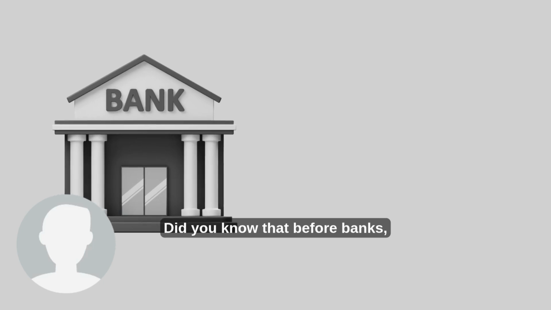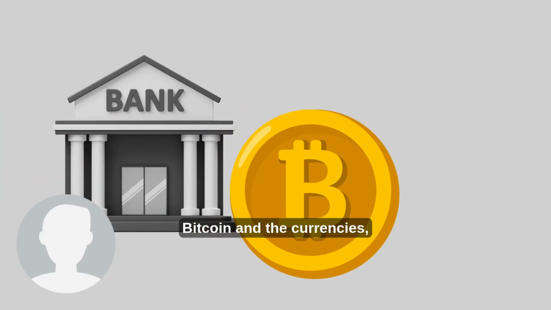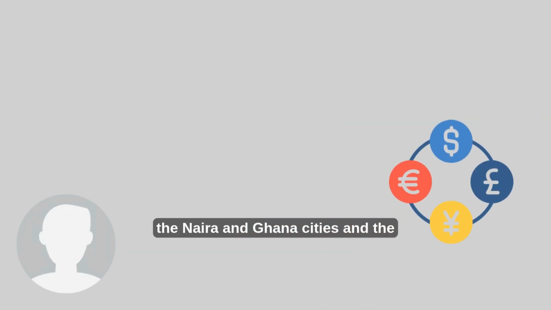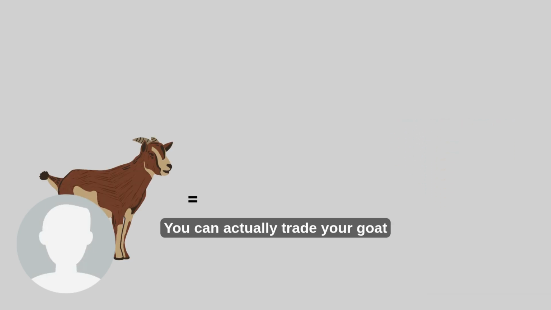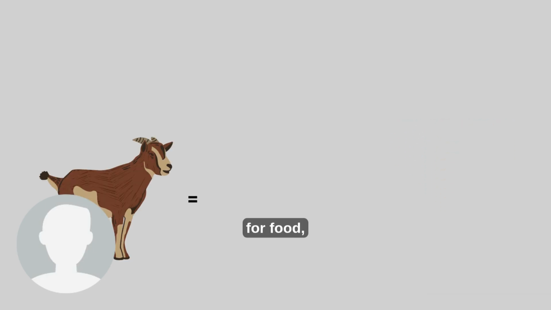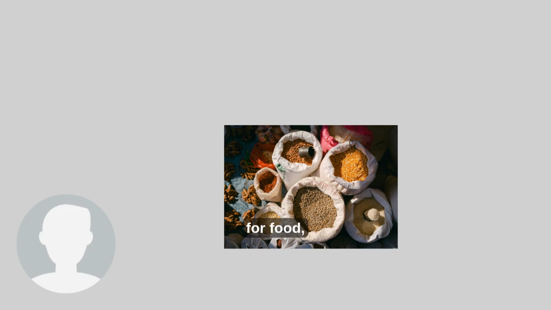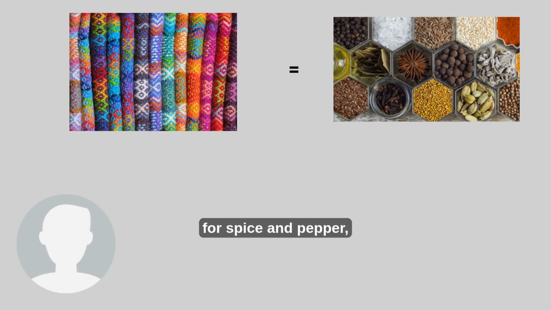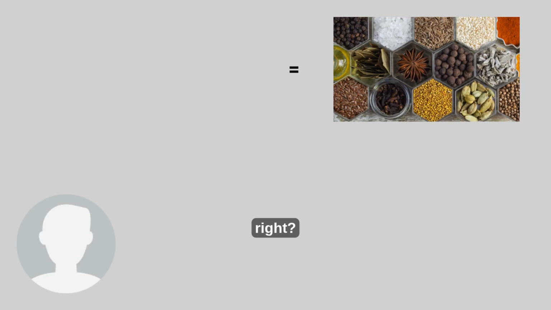Did you know that before banks, Bitcoin, and the currencies you know about, like the dollar, the yen, the Naira, and Ghana cedis, you could actually trade your goat for food, for probably grains of rice or beans? People traded their fabrics for spice and pepper.